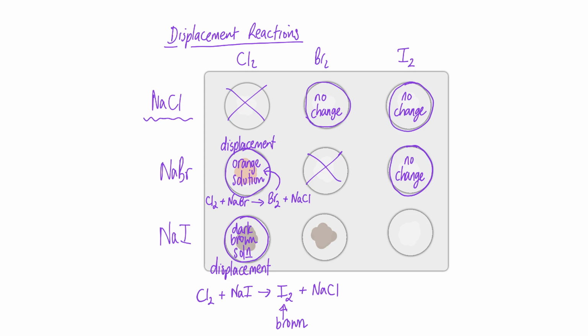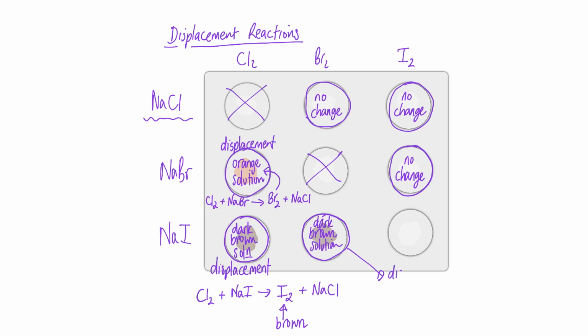And then in this one here with the Br2 and the iodide, again we're seeing a dark brown solution. So that is telling me that my iodide has been displaced.